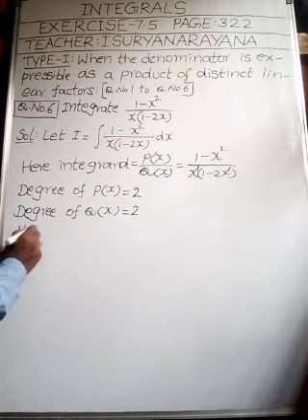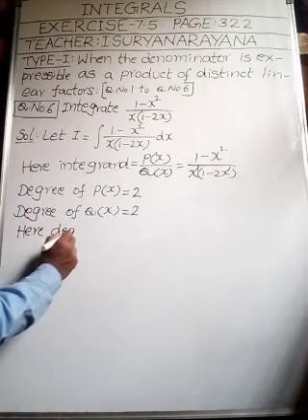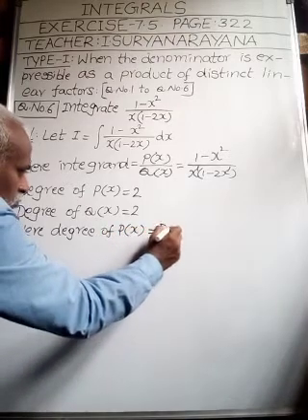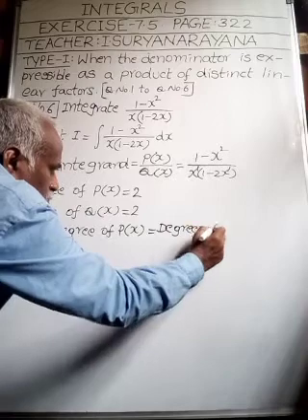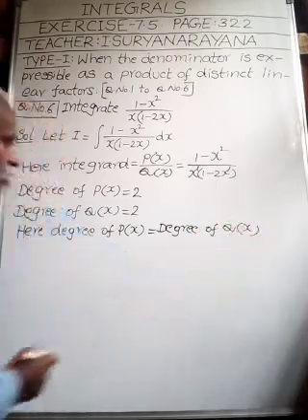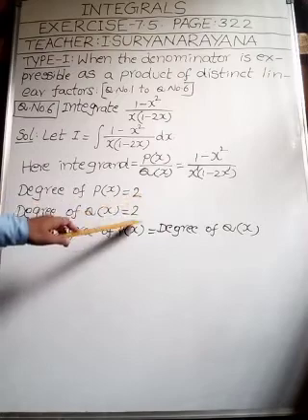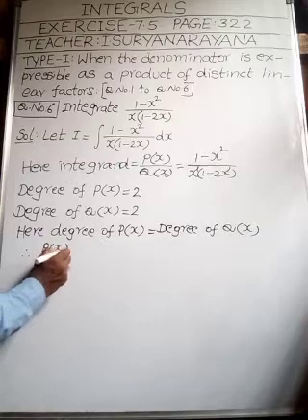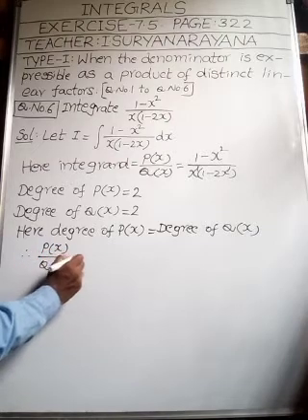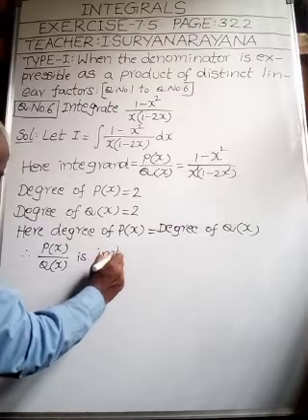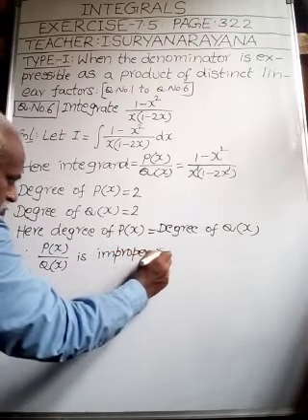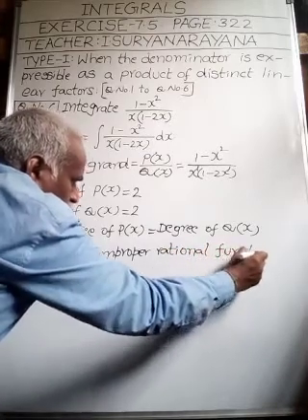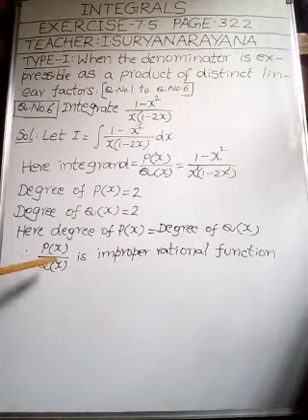The degree of p of x is equal to the degree of q of x, therefore p of x by q of x is an improper rational function.